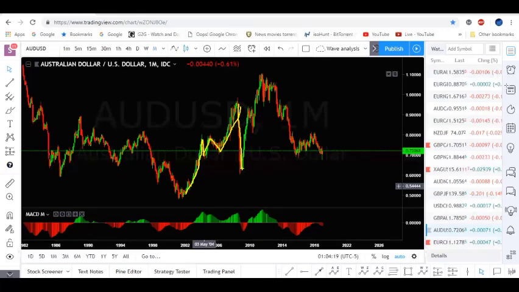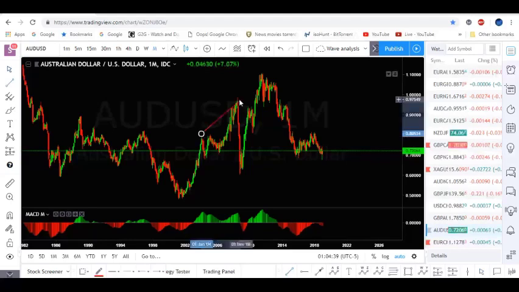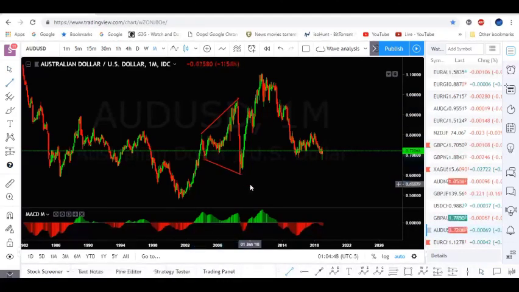Remember that difficult expanding flat variation I was talking about, and that's exactly what we have here. If I pull this, and I pull this, can you see? Clear as daylight, guys. This was an expanding flat we had.